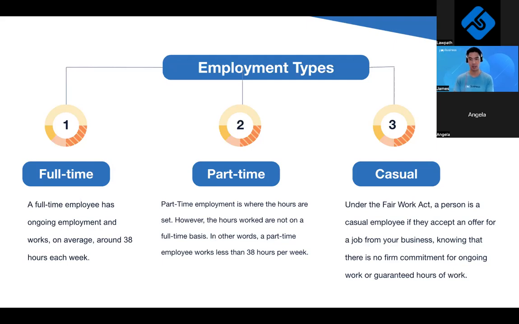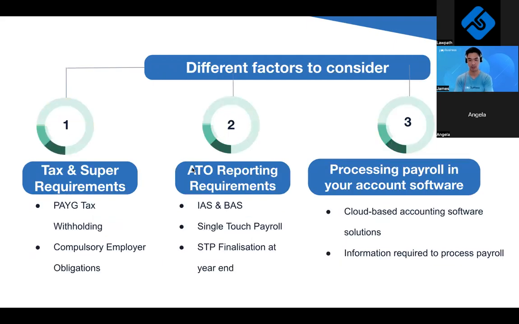The weekly hours are agreed and set out in the employment contract, so it is important to make sure that you have the working hours set out in the employment contract. Part-time employees do accrue annual leave and sick leave, but at a prorated rate. If they only work 4 days a week, then they will only accrue 80% of the annual leave accrual.